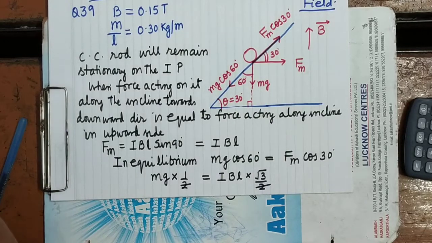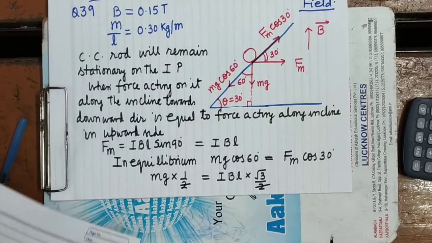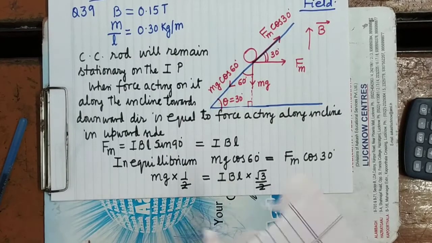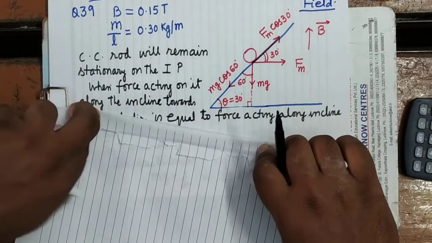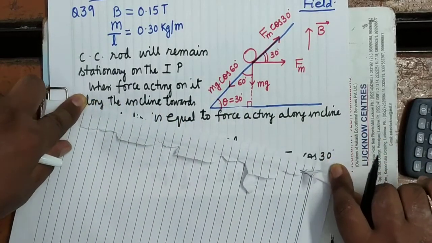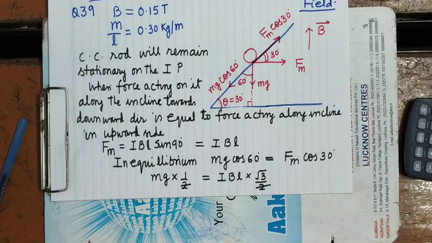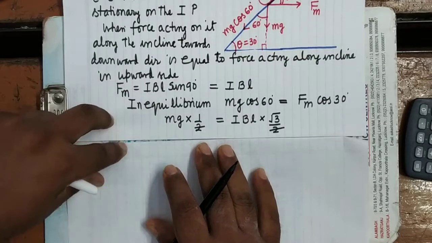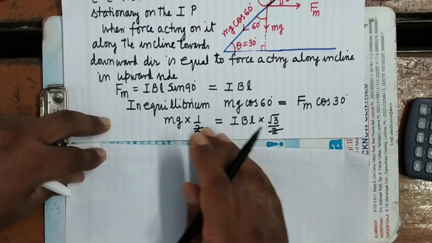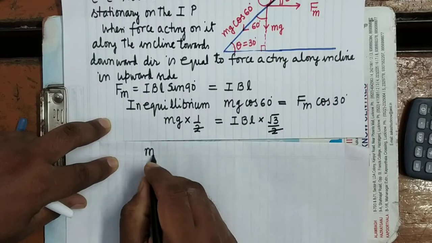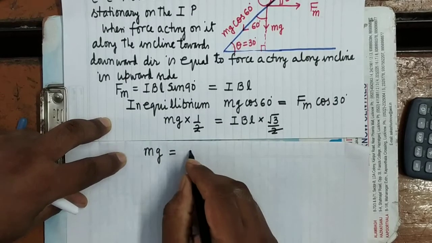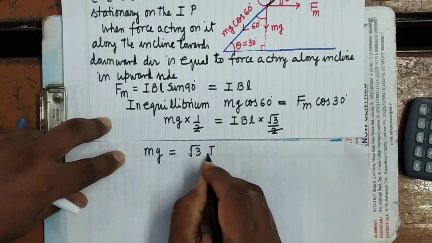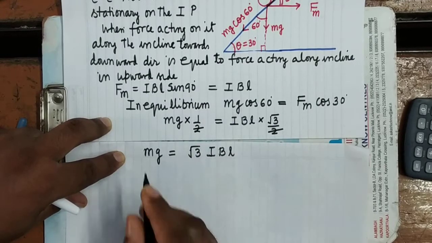If we calculate here, you can find mg equals root 3 I B L. So what will be I?